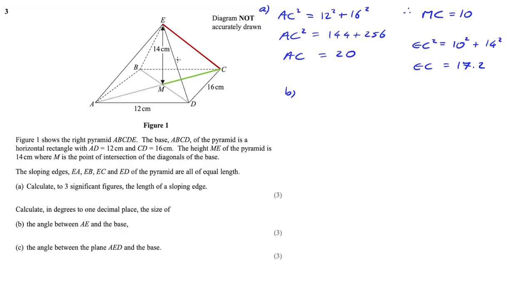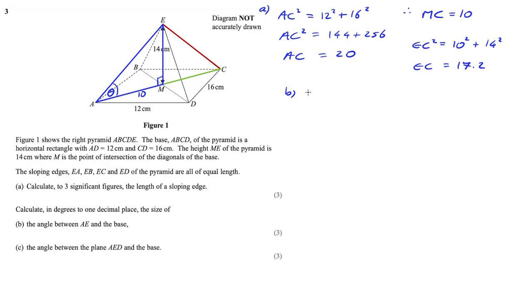Calculate in degrees to 1 decimal place the size of the angle between AE and the base. Well, I think that's pretty easy, guys, because this is 10. We know this length, although we don't even need it because I have the 10 and the 14. So looking at this blue triangle, that's 10, that's 14, that's a right angle.